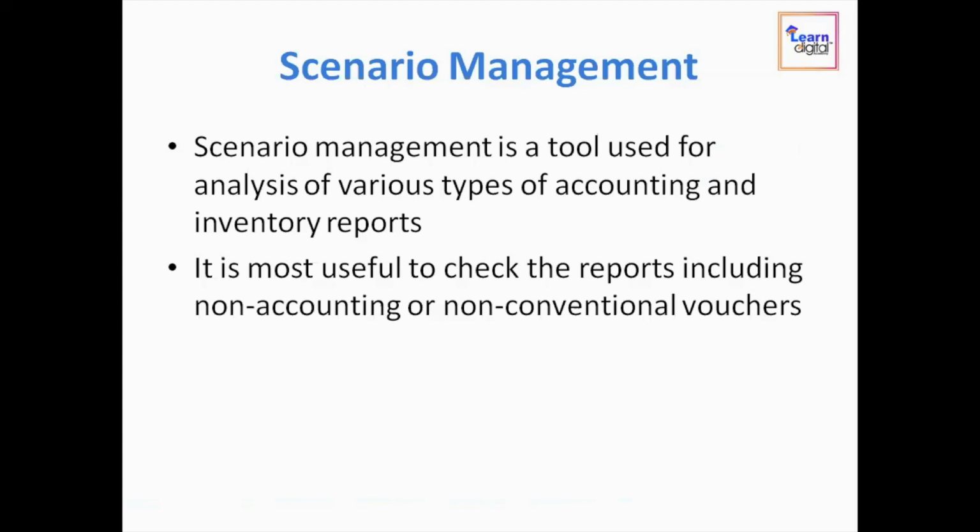This is known as scenario management. Scenario management is a tool used for analyzing various types of accounting and inventory reports along with the non-accounting vouchers. It is most useful to check the balance sheet, profit and loss, or stock summary along with the non-accounting vouchers.